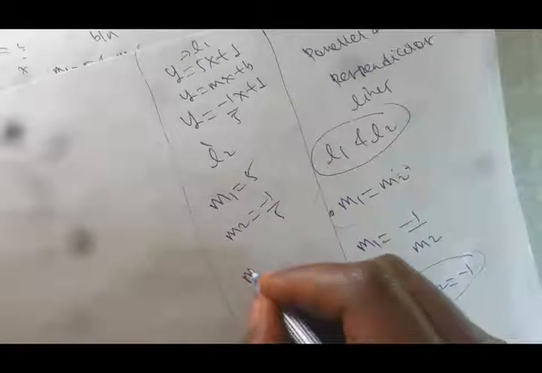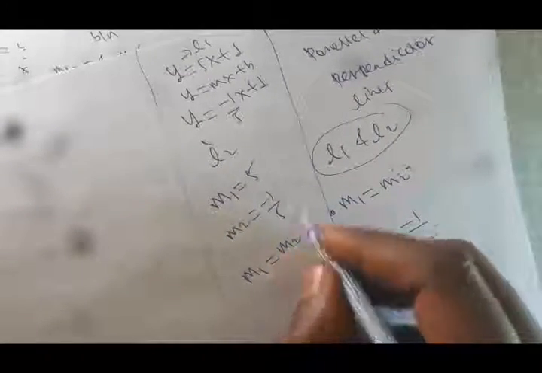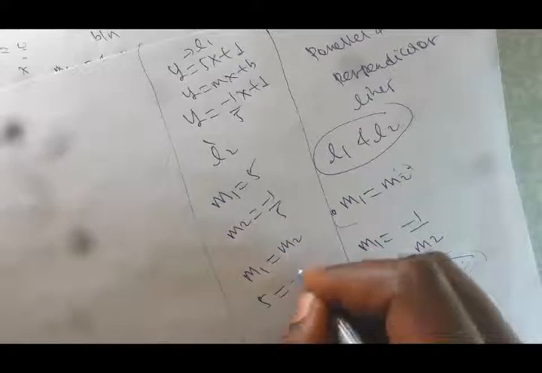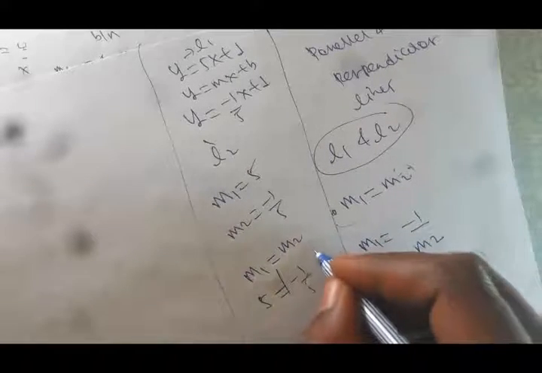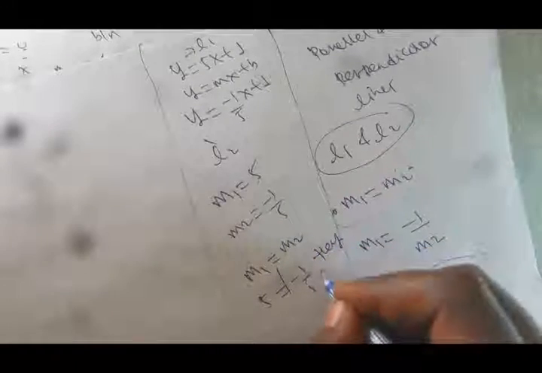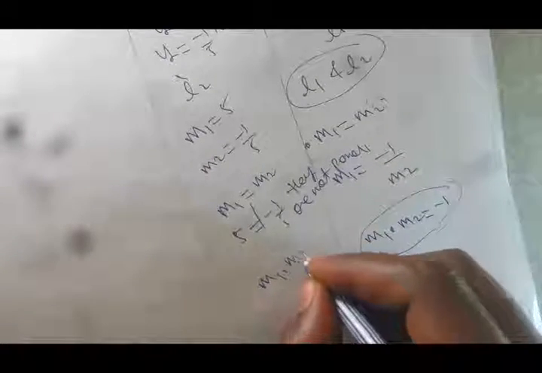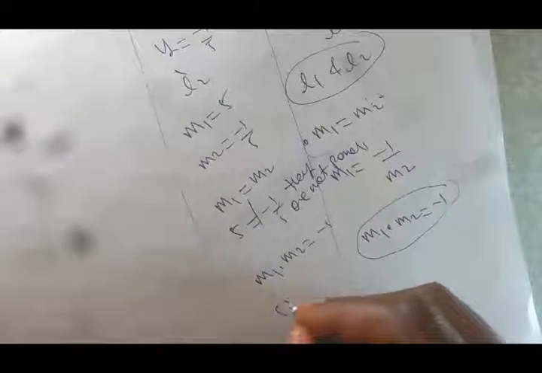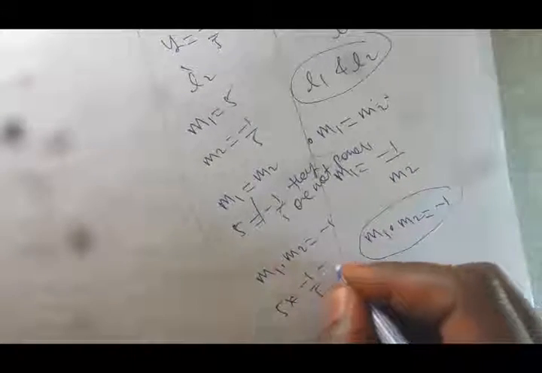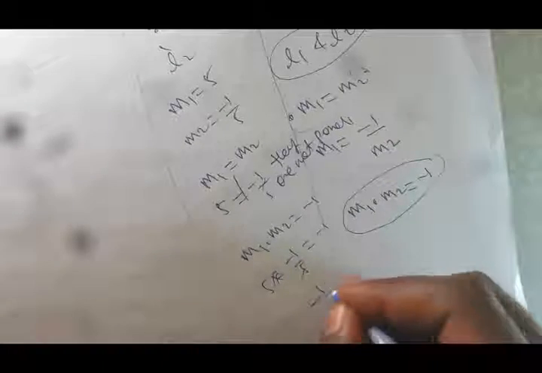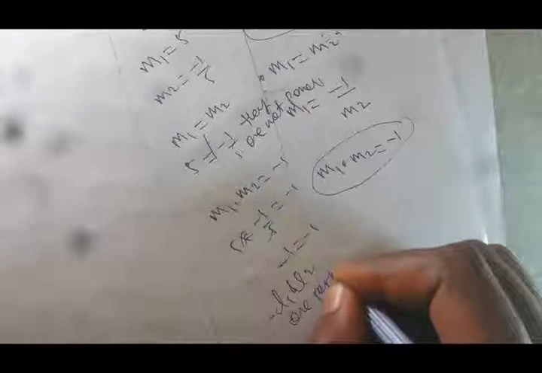First we have to check, does m1 equal m2? Does 5 equal minus 1 over 5? No. Therefore, they are not parallel. Let's check if they are perpendicular. Does m1 times m2 give minus 1? 5 times minus 1 over 5 is equals to minus 1? Yes, minus 1 is equals to minus 1. Therefore, L1 and L2 are perpendicular lines.